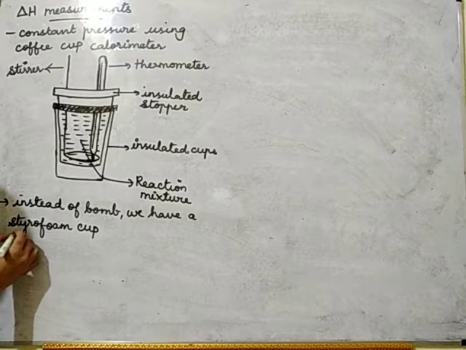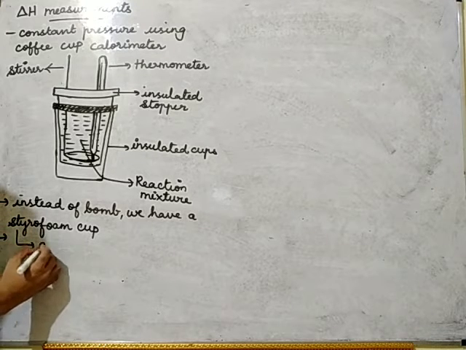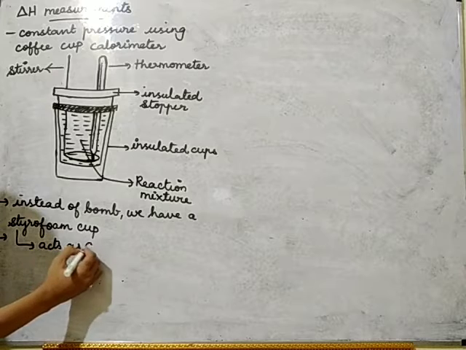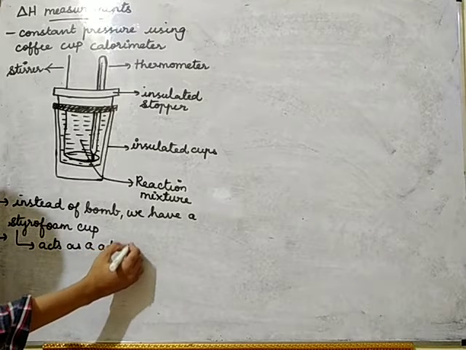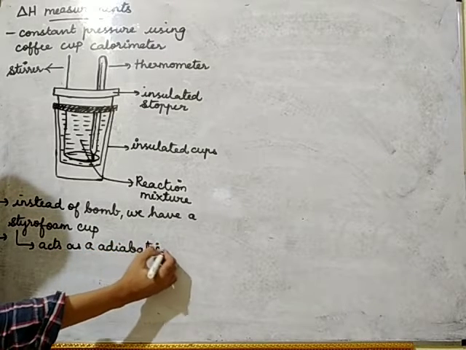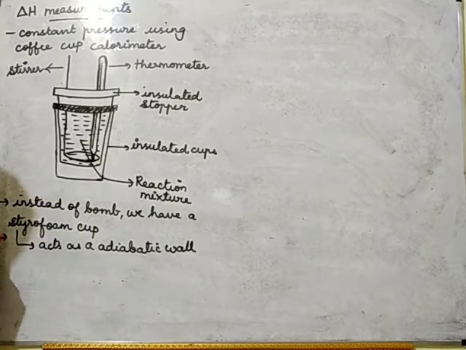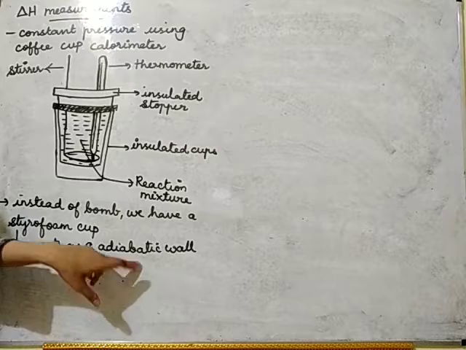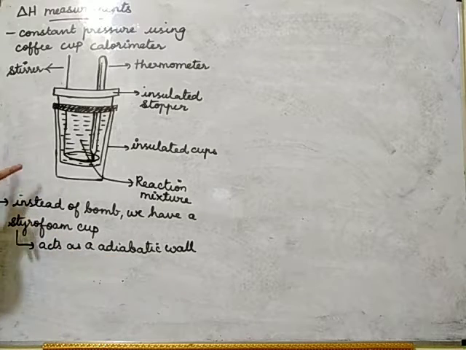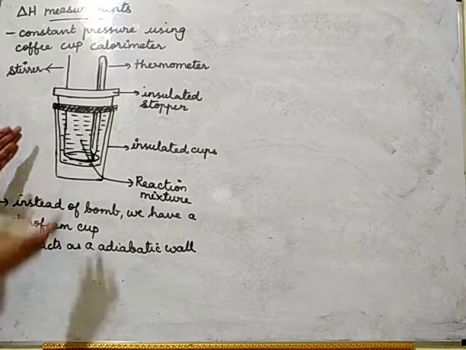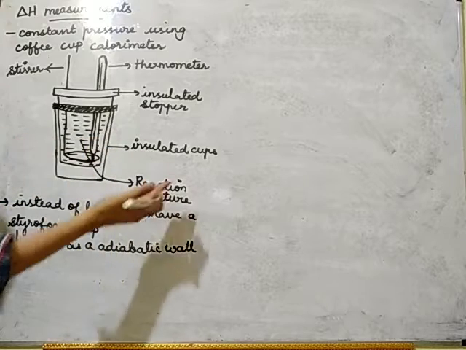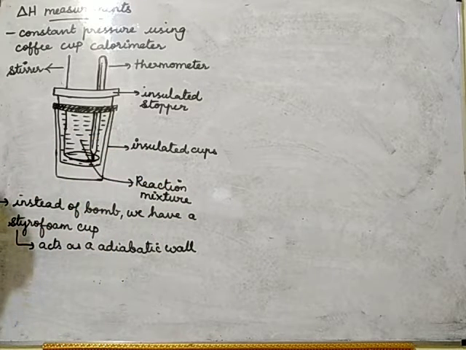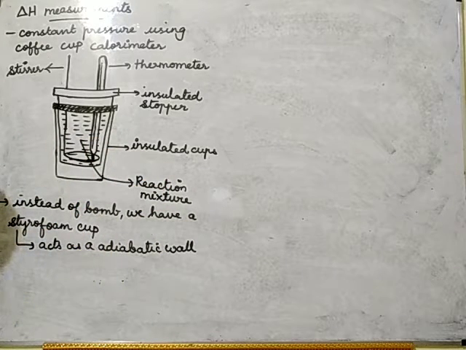So the styrofoam cup acts as an adiabatic wall. What is adiabatic wall? What is adiabatic process we studied? The process in which there is no transfer of heat energy. So adiabatic wall means it will prevent the heat from going outside. That is what is called an adiabatic wall.